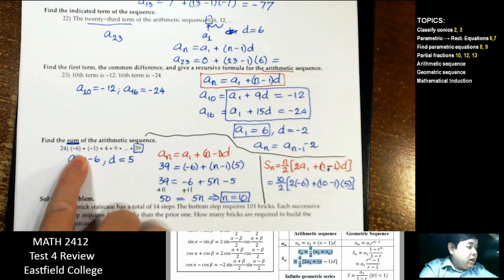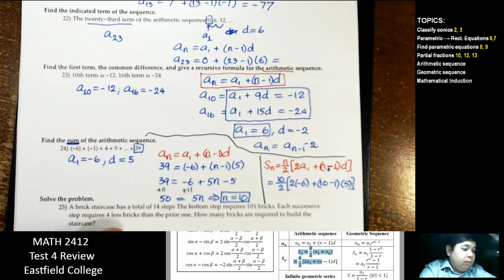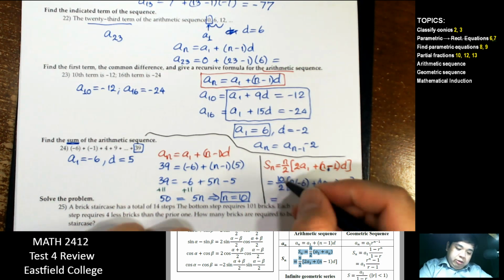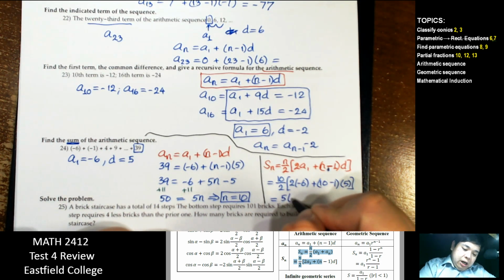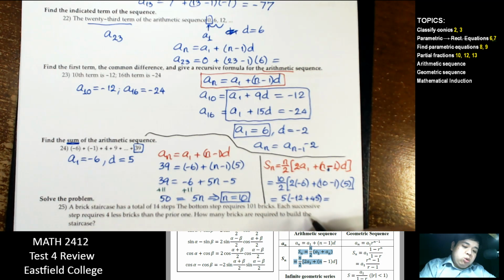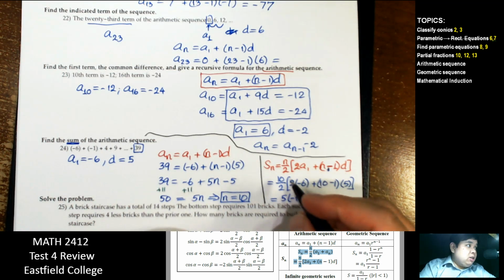I'll just do that. So that will be 5 times negative 12 plus 9 times 5, which is 45. 45 minus 12, 33 times 5, 165.